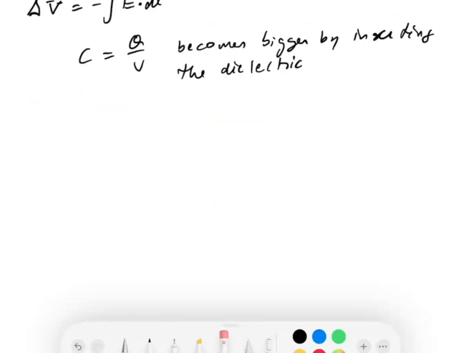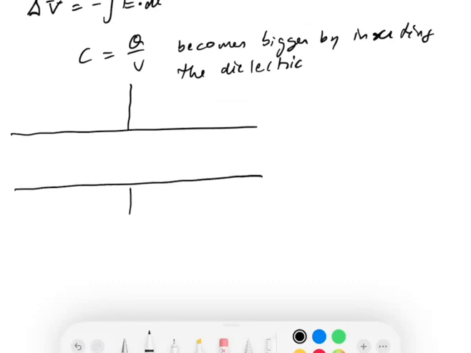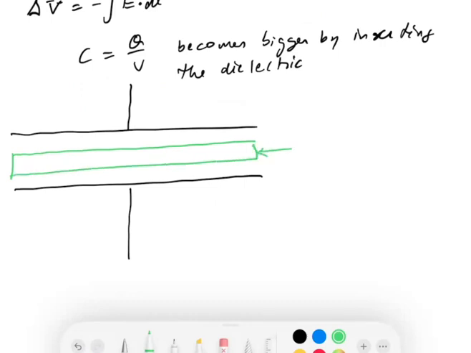it's a different story. So with a metal, so now let's say this material is a metal. So this is a metal.